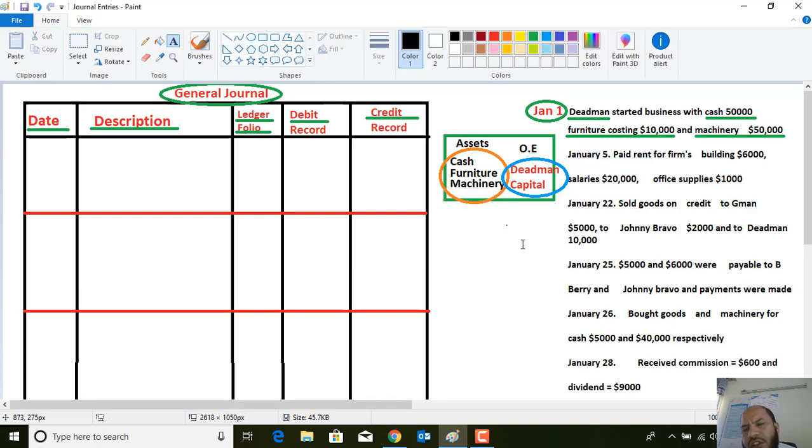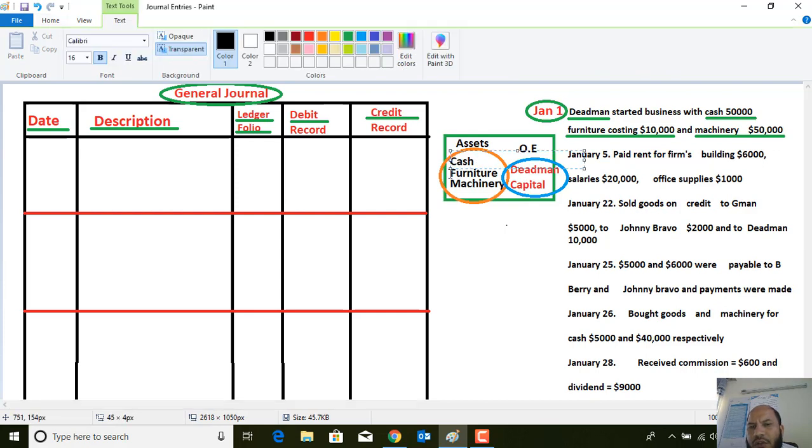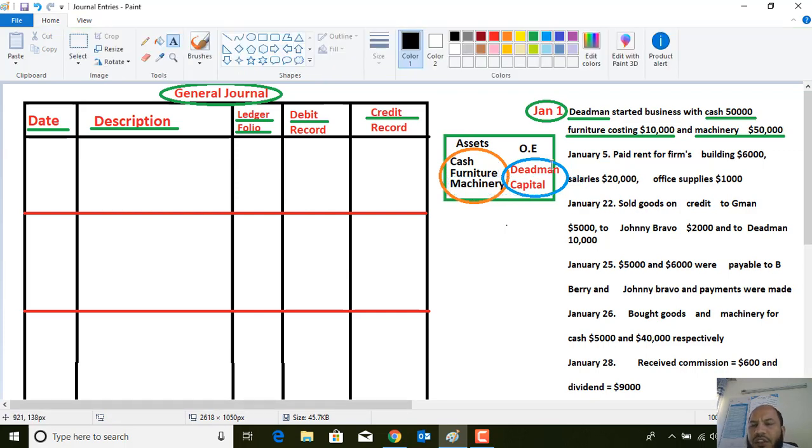So we found two things in this transaction. One, we found cash, furniture, and machinery, these three accounts from one family, which is called the asset family. But all these three accounts have been invested by Deedman, and it is the Deedman capital.